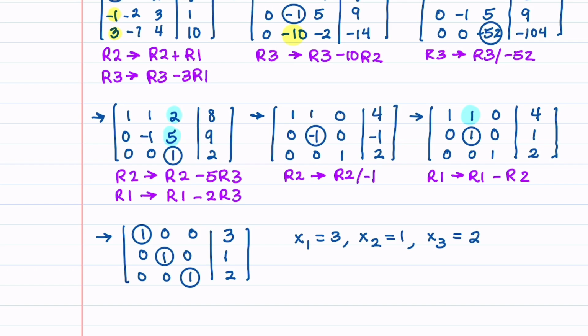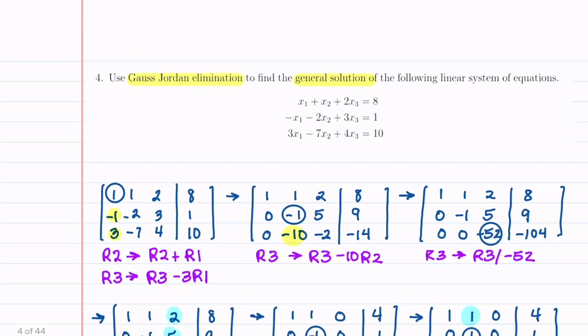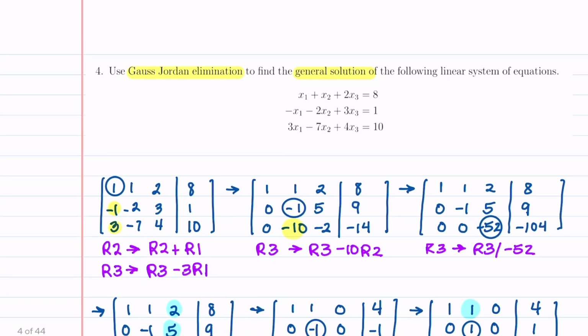The really nice built-in check that we can do is take these answers, go back up to the top, plug them in, and make sure it's right. So we have 3, 1, 2. x1 is 3, plus x2 is 1, plus 2 times 2 is 4, is equal to 8.